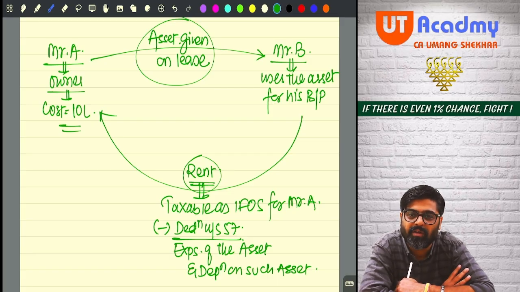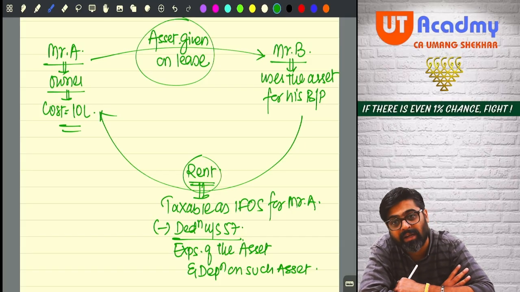But what if my business is to give cameras and lenses on rent? So now don't you think that this camera, this asset, is used by me in my business of renting the cameras? So now the rent of that camera will not be taxable under the head IFOS. Now that rent will be taxable for me under the head PGBP only.